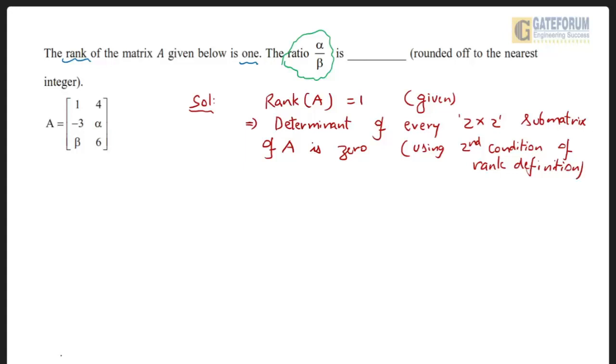Okay, so now we are going to find alpha and beta first. The first two rows form a 2 cross 2 submatrix. The first and third rows form another 2 cross 2 submatrix. So therefore, determinant of [1 4; -3 alpha] is equal to 0, and determinant of [1 4; beta 6] is equal to 0.